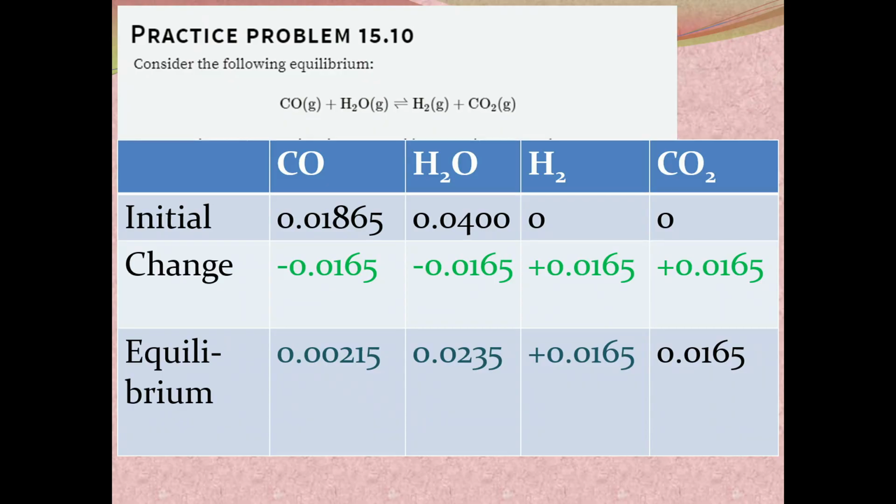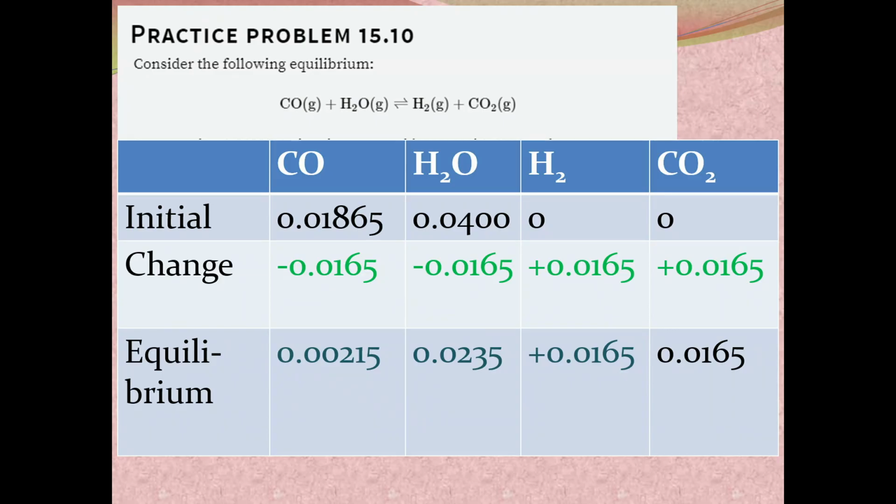So the amount of H2 I create is the same as the amount of CO2 I create. The amount of CO2 I create is the amount of H2O or CO that is removed. So minus 0.0165 for the reactants plus 0.0165 for the products. So my final equilibrium is 0.00215 for CO, 0.0235 for H2O, and 0.0165 for both H2 and CO2.